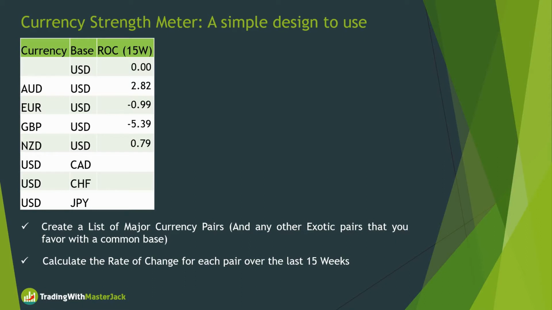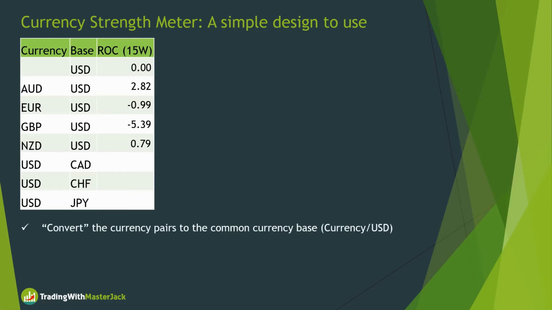Okay, now you would have noticed that for the USD and Canadian pair, the base is not USD for these three pairs over here. Now it's very simple. We have to convert the currency pairs to the currency base so that it matches up with the USD. So all we're going to do is swap them around.